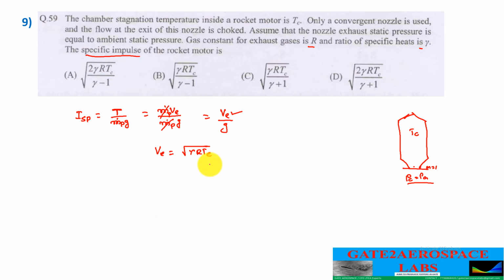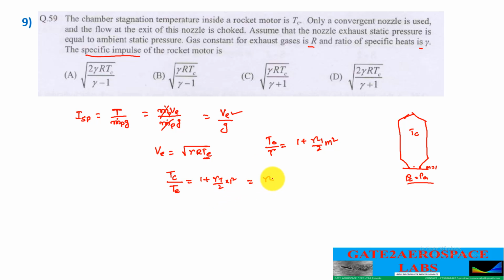Now this Te, how to determine? See, we know the total temperature to static temperature relation: 1 plus gamma minus 1 by 2 into M squared. The same you will apply in this case also. Tc is the total temperature, Te is the static temperature, Tc by Te will be equal to 1 plus gamma minus 1 by 2, here Mach is 1, so into 1 square.